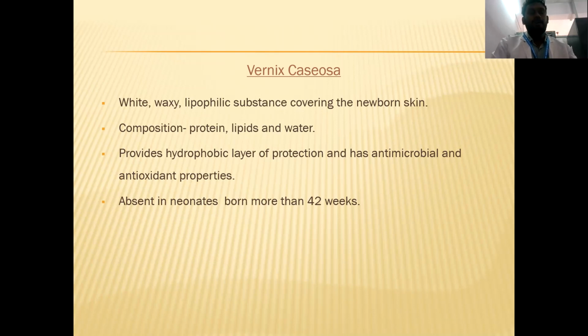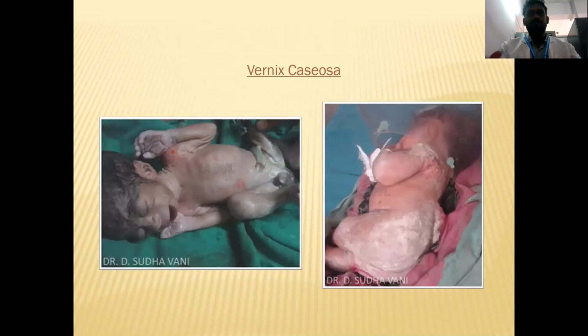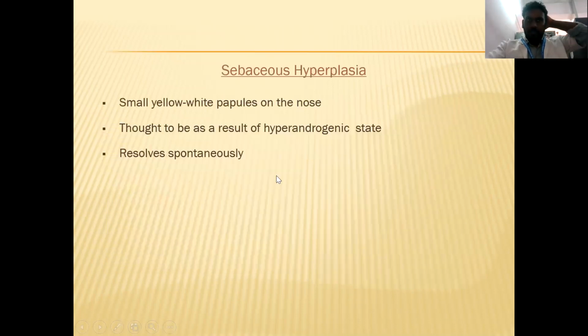This is absent if the child is born prematurely, or if it is born post-term, that is after 42 weeks. So here we can see a slimy layer covering this particular infant. It is nothing but vernix caseosa.